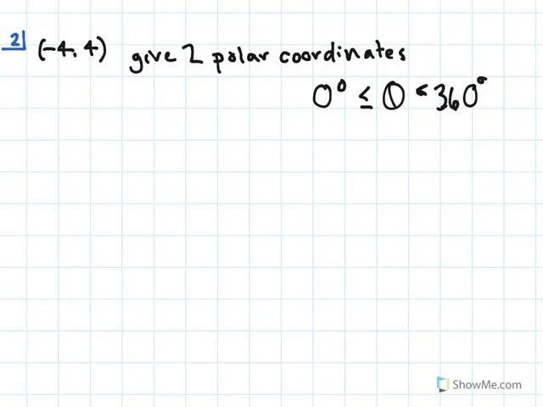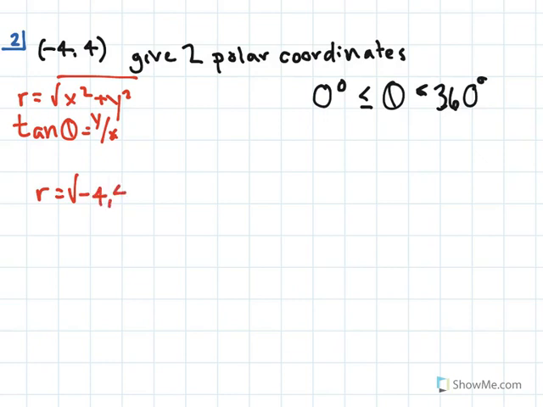When we're converting from rectangular to polar, it's important to remember that r is equal to the square root of x squared plus y squared. And we can find theta by looking at tangent of theta equals y over x.